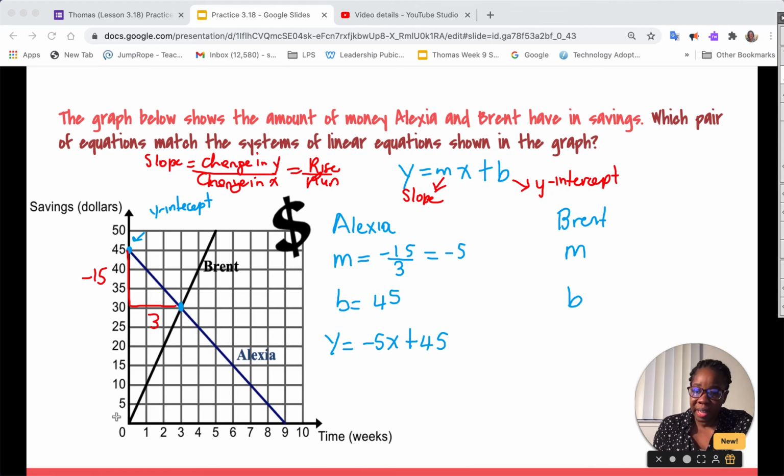For Brent's line, what do we notice? Oh, the y-intercept is right here. It's 0. So we know b is equal to 0. And again, we need 2 points in order to establish the slope.